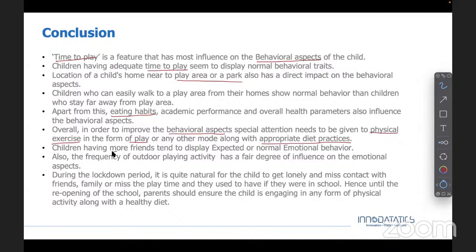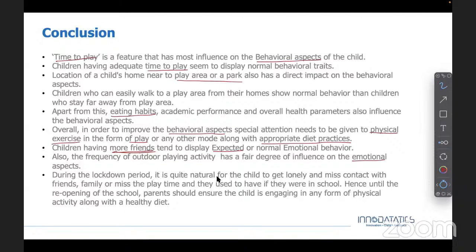Okay, children having more friends tend to display expected or normal behavior as opposed to children having fewer friends. All these were the insights which were inferred from the analysis. And the frequency of outdoor playing activity had a fair degree of influence on emotional aspects as well, not just behavioral aspects.